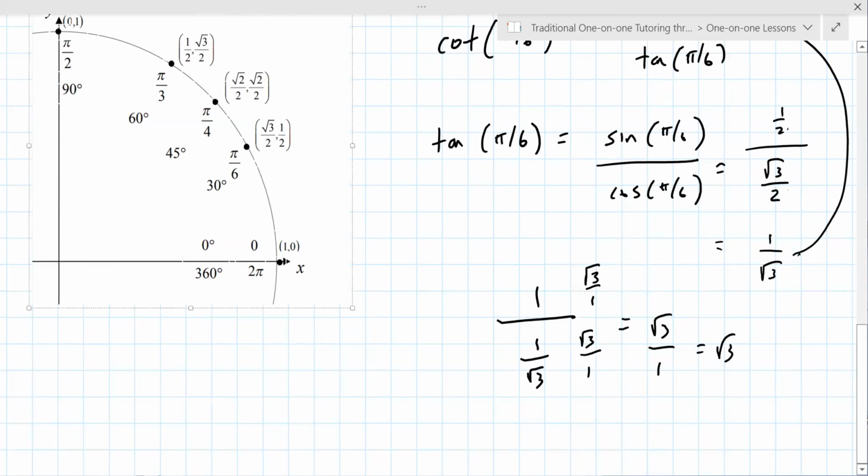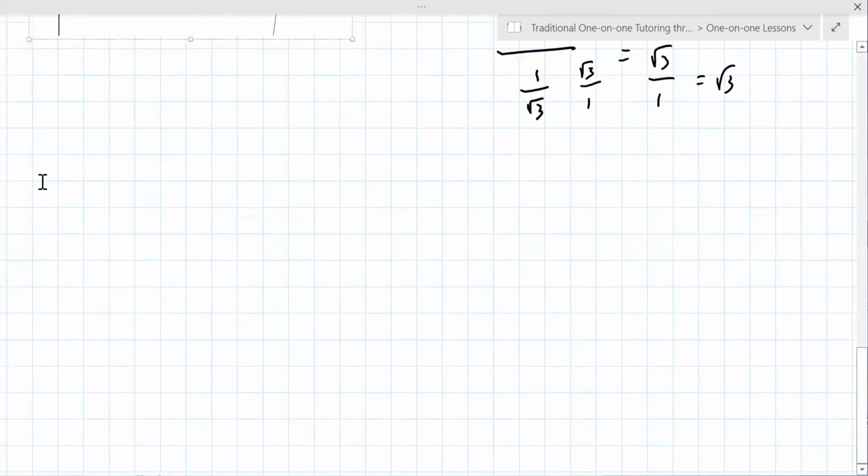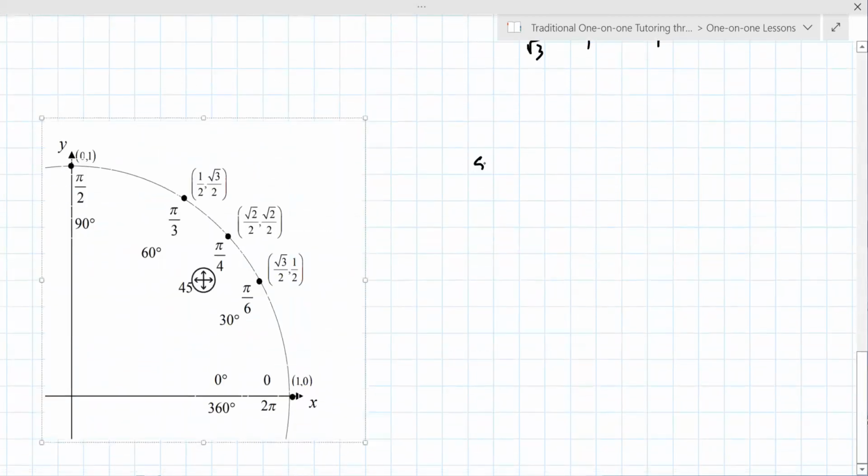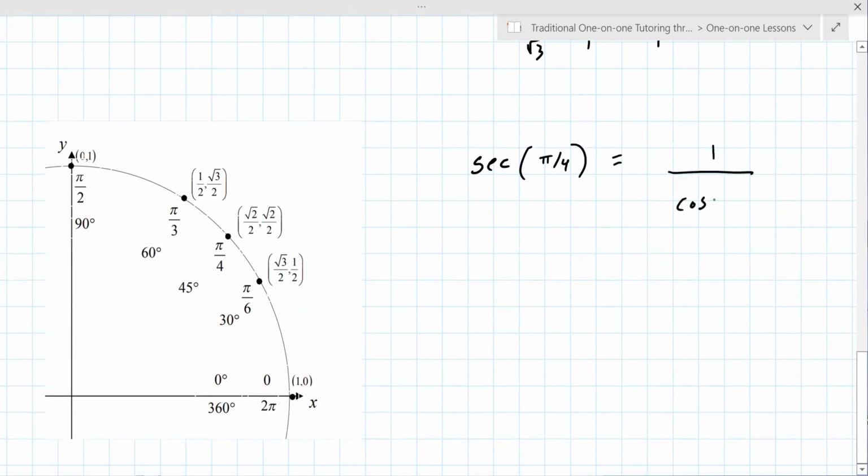Let's look at another one here. Again, this is all review, but it's good review. It's important to just keep firing away at this stuff. So like secant of pi over 4. This is 1 over the cosine of pi over 4, and the cosine of pi over 4 is the x value.